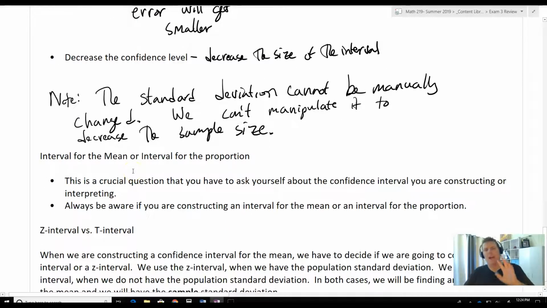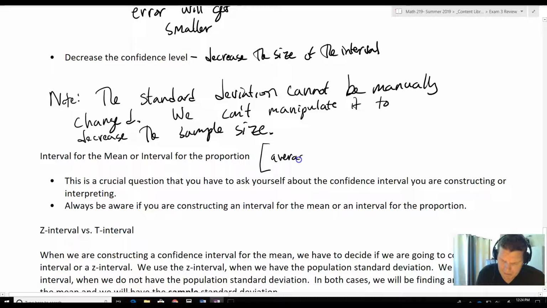Now, how do we determine if we're going to use the interval for the mean or the proportion? Basically, it's going to tell you either you're finding the confidence interval for an average or mean, or you're finding a confidence interval for a percentage or proportion. So we can just put those in there.